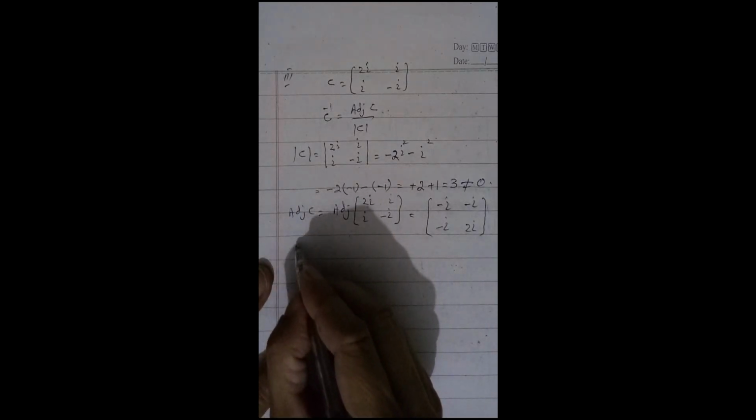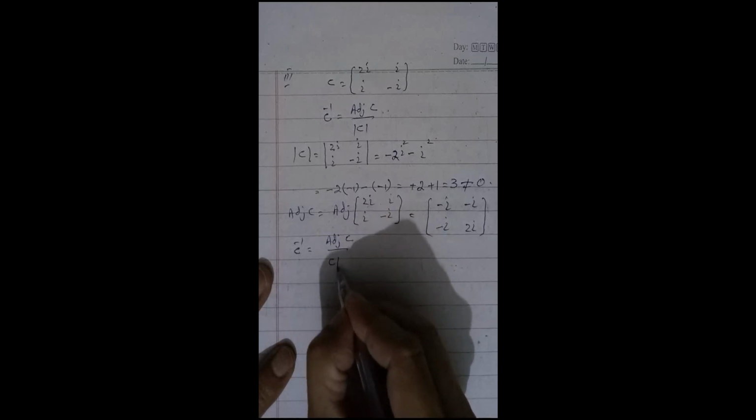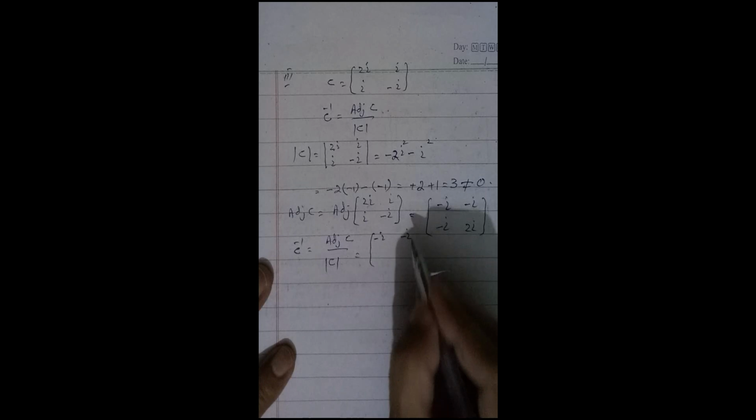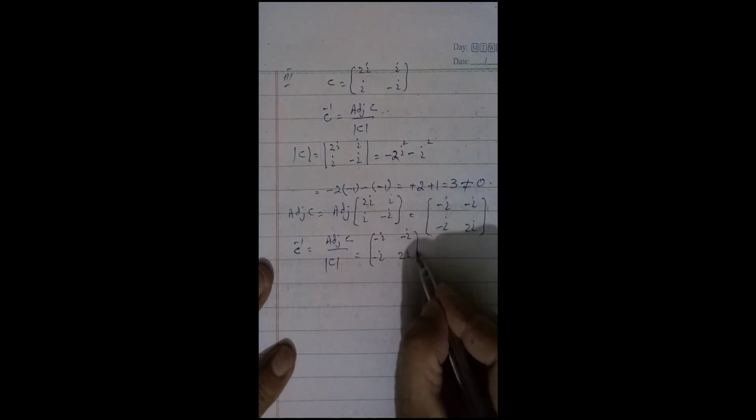And C inverse is equal to adjoint C over C determinant. Adjoint C is minus iota, minus iota, minus iota and 2 iota, divided by C determinant, which is 3.